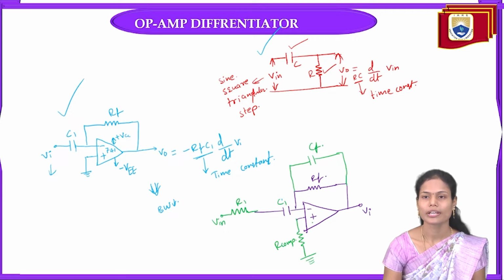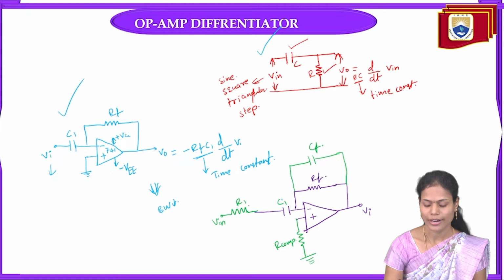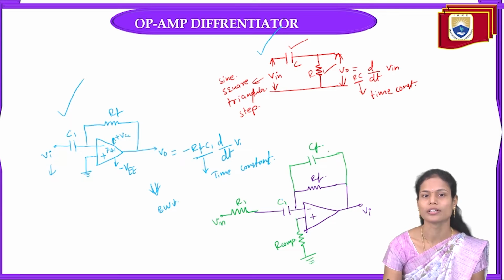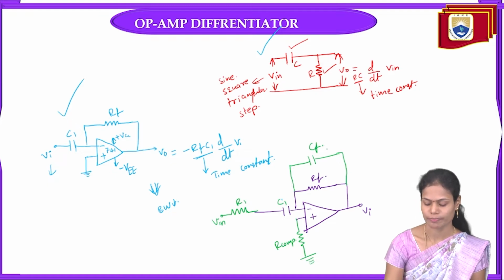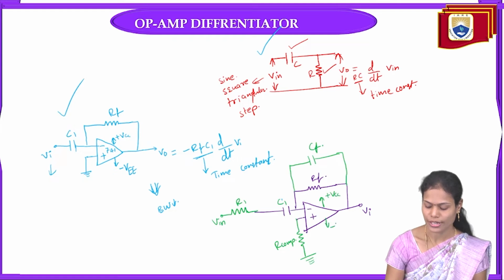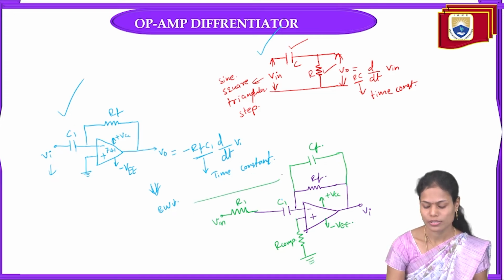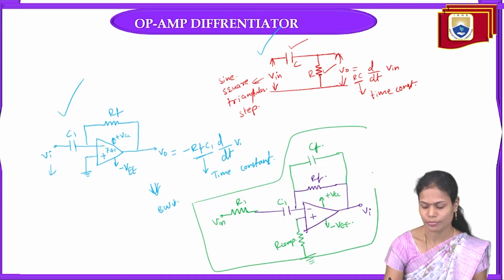Adding the resistor R1 and capacitor CF reduces the problem of oscillations in the output of the differentiator and also improves its bandwidth. For this circuit also, we need to provide the positive and negative supply voltages. In the case of problems, most of the time we will use this practical differentiator, not the ideal one.